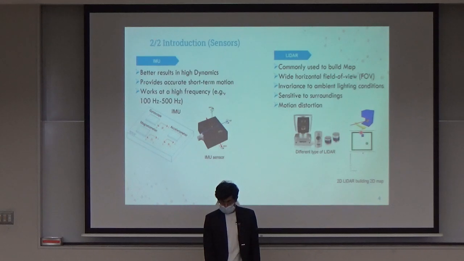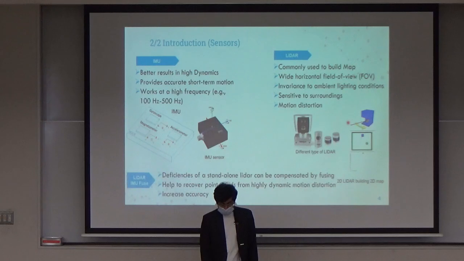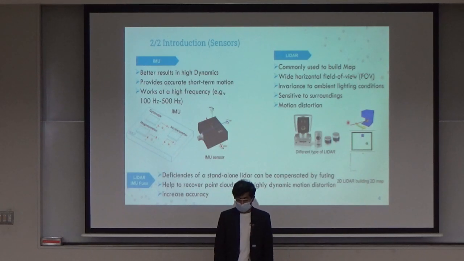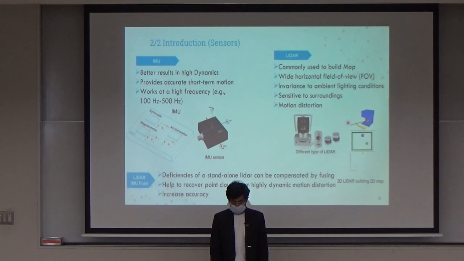It is invariant to light conditions. It means it can be used in a dark environment or at night to build a map, but it has some limitations, such as it is sensitive to surroundings, and it has some motion distortion problems. So what we are doing is fusing the information of both sensors to get a more accurate, very precise 3D map.